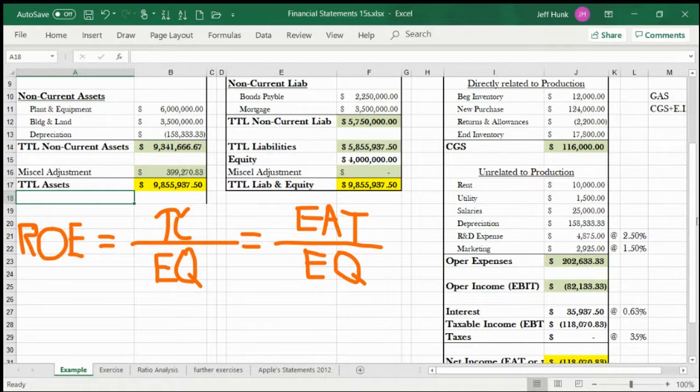We must consider the time dimension. We cannot ignore the time dimension.